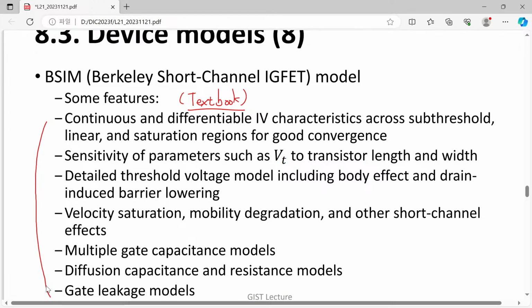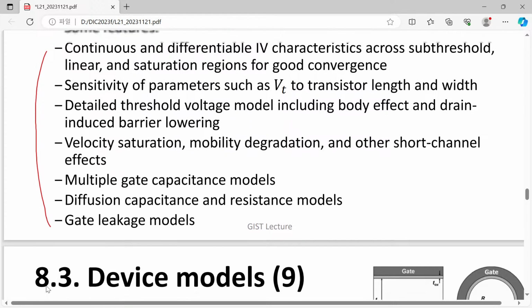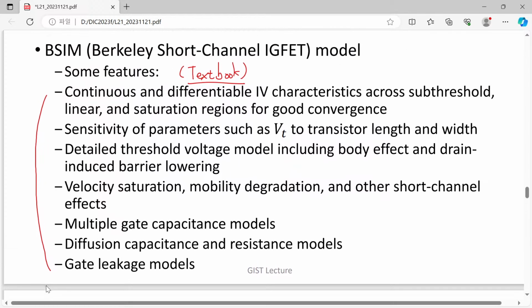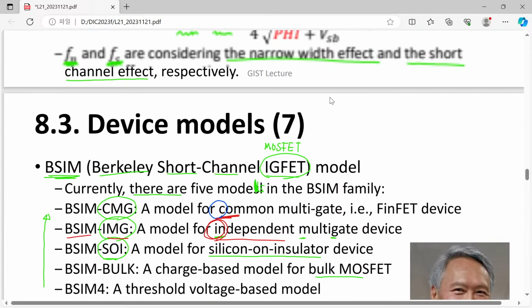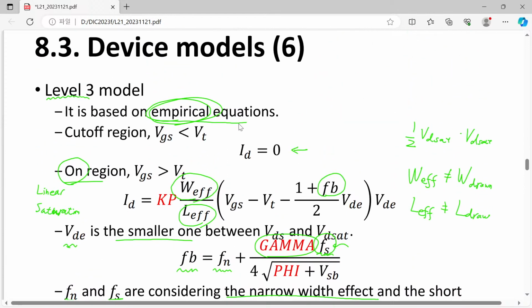But anyway, it is important to understand the important effects we have in the more advanced models, like IV characteristics.